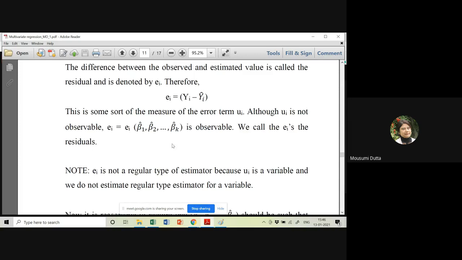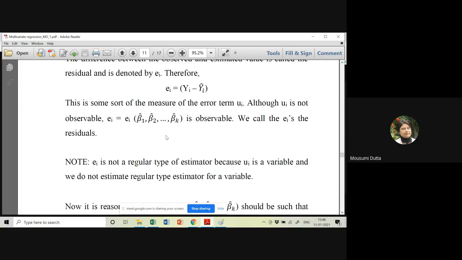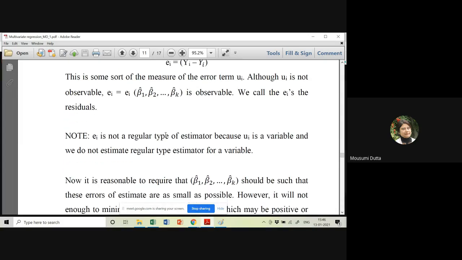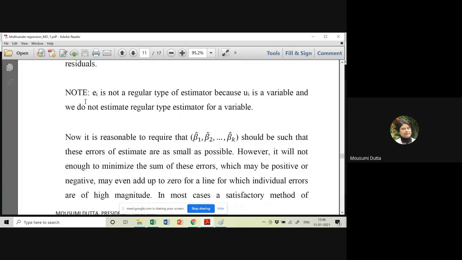Now these residuals are some kind of estimators of ui's. Look at this note: ei is not a regular type of estimator because ui is a variable. Generally, we find an estimator for unknown parameters. Here, ui is a random variable. However, it is not realized. Therefore, we are trying to estimate it.